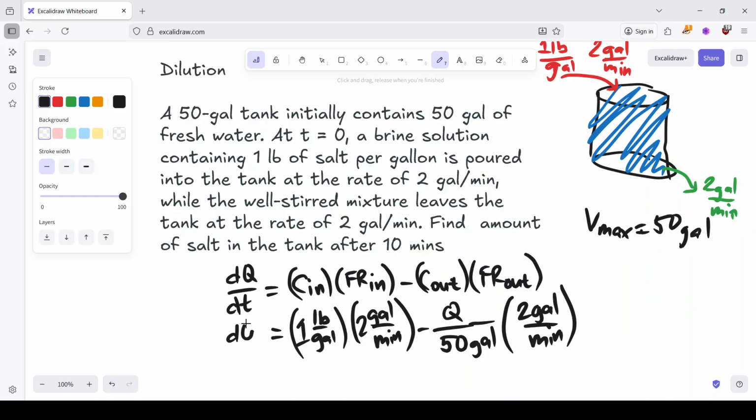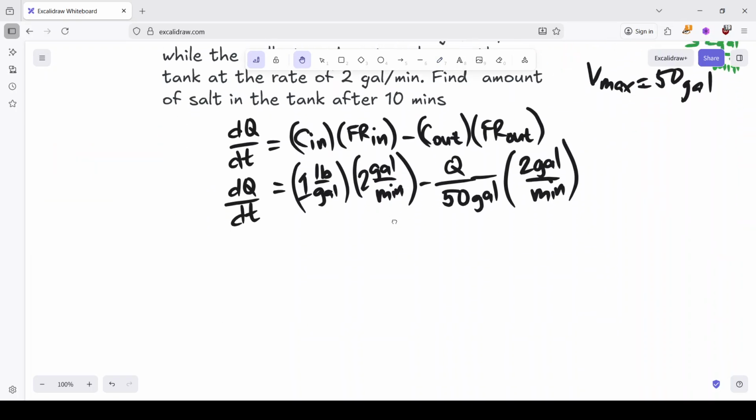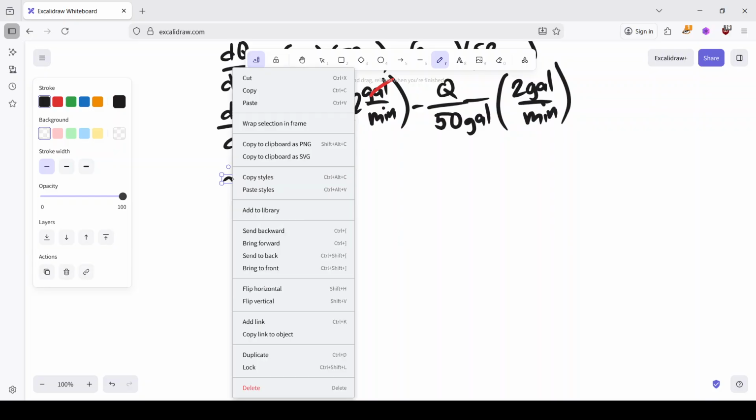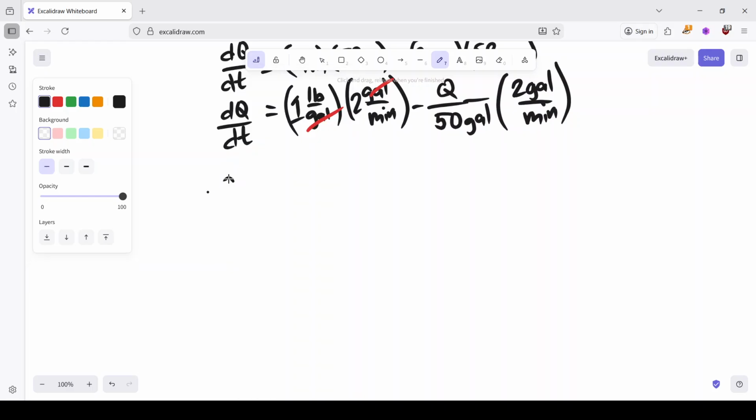So simplifying our working equation, the gallons will be cancelled. So dQ over dt is equal to 2 pounds per minute, minus 2 over 50, which is Q over 25.